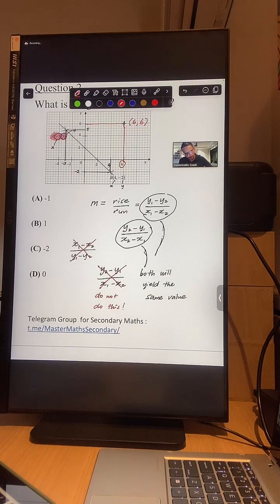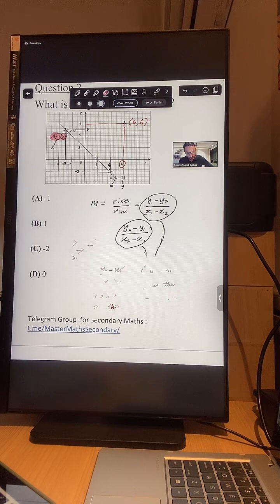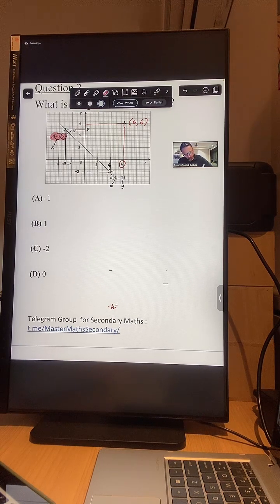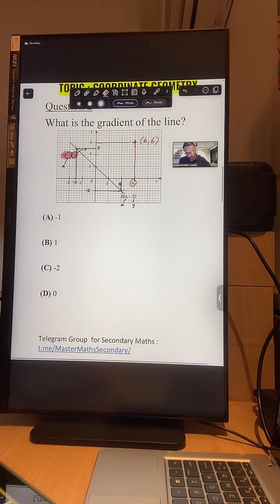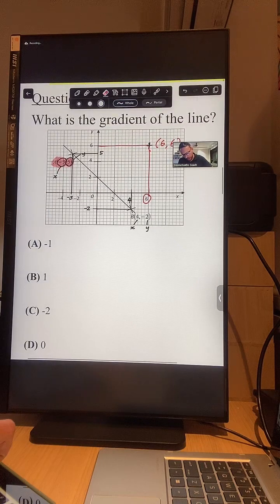How are we going to do this? Let me first erase all these things over here so that I have some space to work with. Okay, Bismillah, let's do this. Now if I were to find my gradient, just now I said y1 minus y2 over x1 minus x2, right? Rise over run.